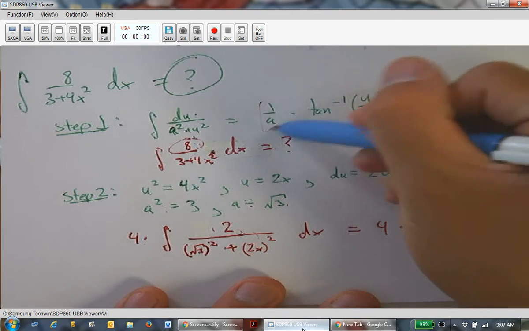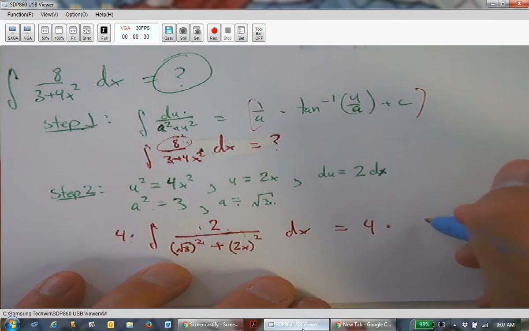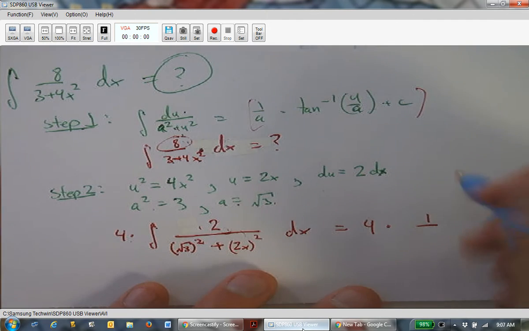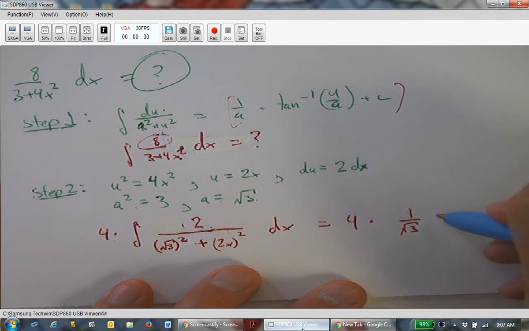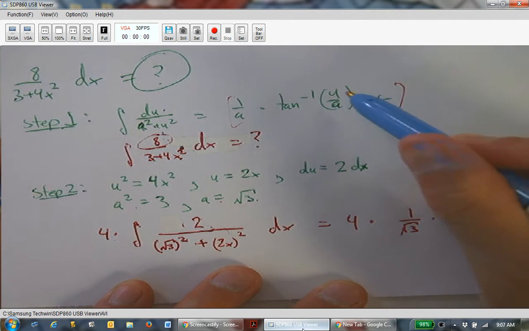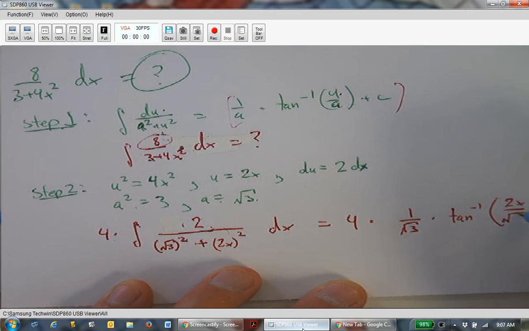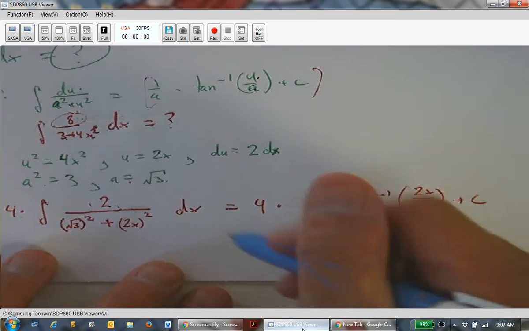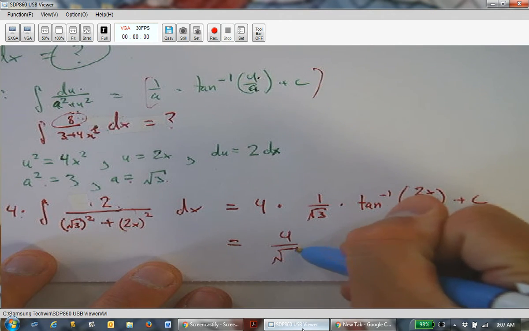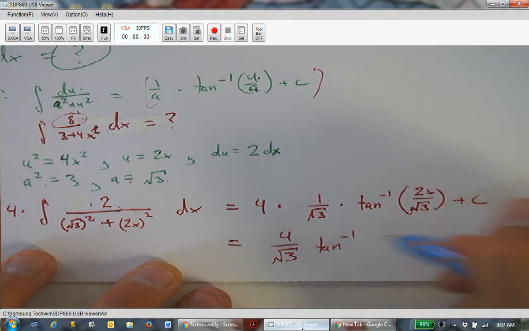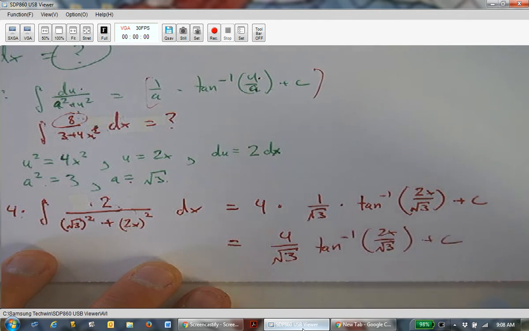But now I can finally focus on the solution piece, which is 1 over a, and now I can plug it in. 1 over a will be 1 over the square root of 3, times inverse tan of my u, which is 2x, divided by my a, which is square root of 3, plus c. Making my final answer 4 over the square root of 3, inverse tan of 2x over square root of 3, plus c.